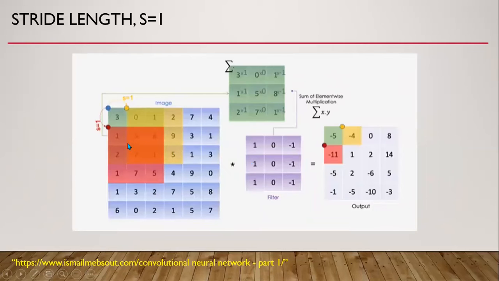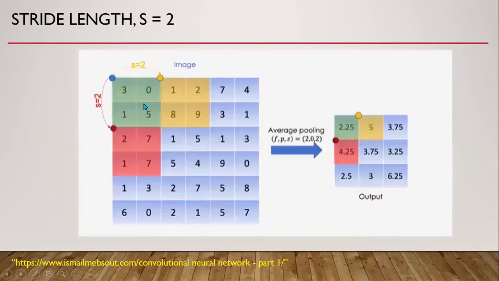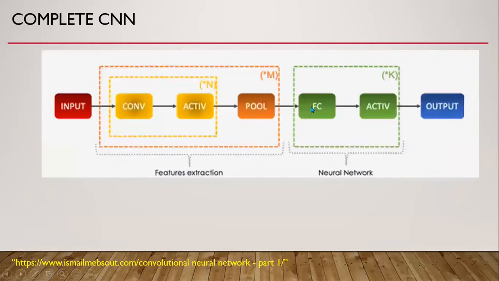When this filter is moved over the image 1 pixel at a time, it means that stride length S is equal to 1. However, if this filter is moved 2 pixels at a time, then we say that stride length S is equal to 2, and we get an output with much reduced dimensions.